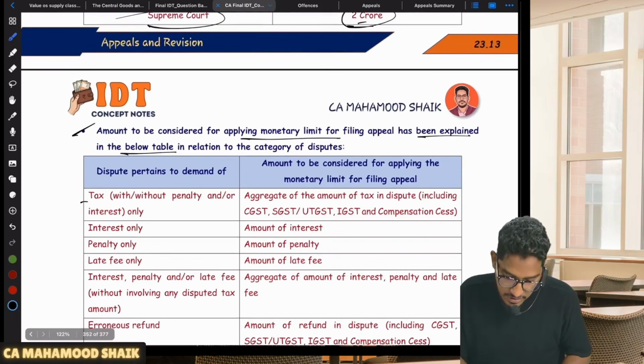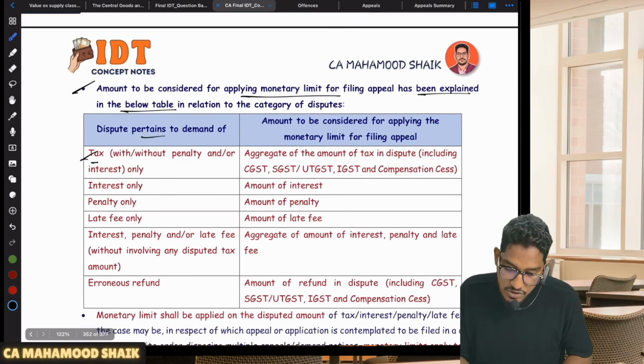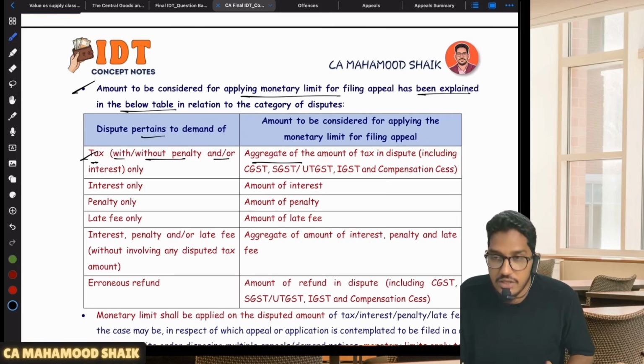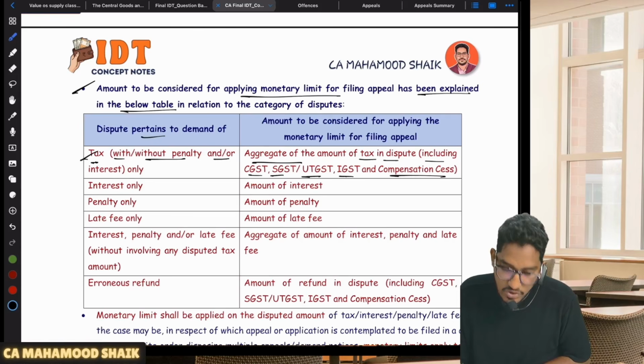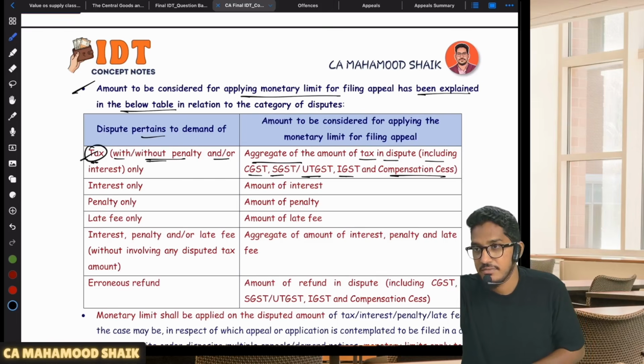They are giving an explanation. In case the dispute pertains to tax, either with penalty or without penalty, either with interest or without interest, then the aggregate of the amount you have to consider. Aggregate of the amount of tax in dispute including CGST, SGST, UTGST, IGST, compensation cess. That means whether there is penalty or interest or not, you consider only tax.